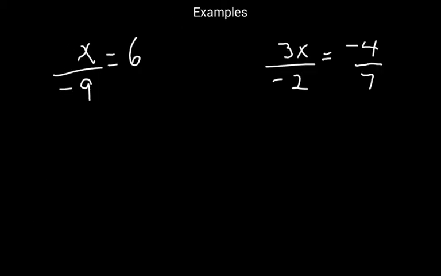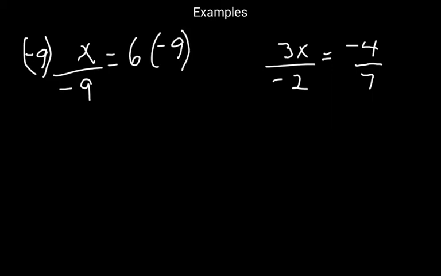So I'd like to take a look at two examples here. The first is x divided by -9 equals 6. So we want to get x all by itself, and how do we undo dividing by -9? The answer is you multiply by -9. So we're going to multiply the left side by -9 and the right side by -9.